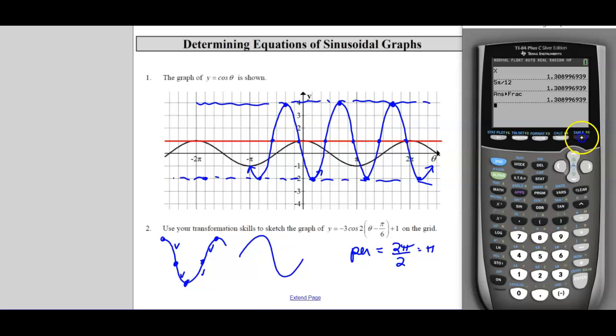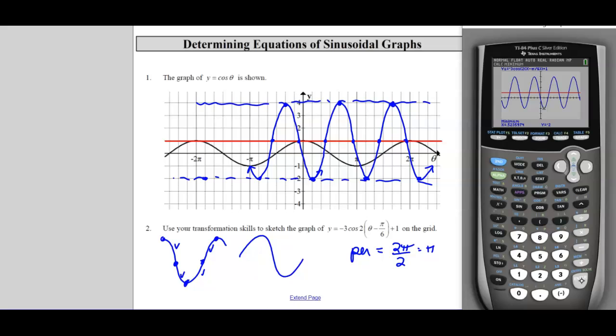Okay? What might be easier is, this is a nicer, find your minimum point there. So if I go second trace minimum, or maximum, but if I do that 1, because that's the first point that I even got when I was graphing it.